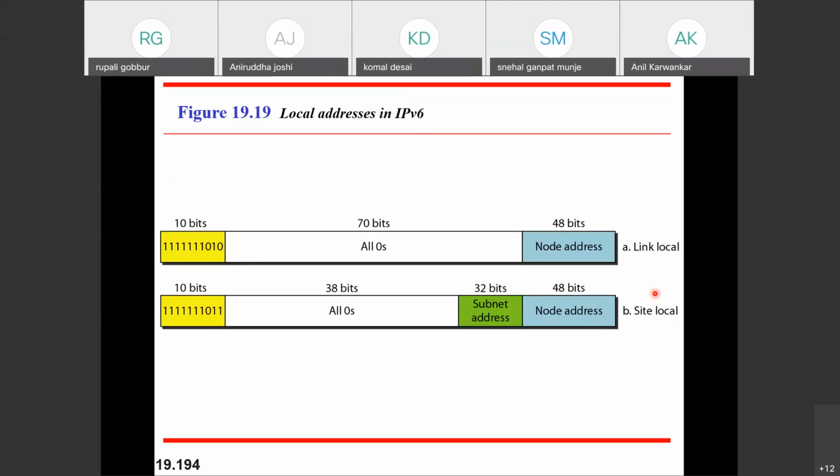So these are the link local, site local addresses.